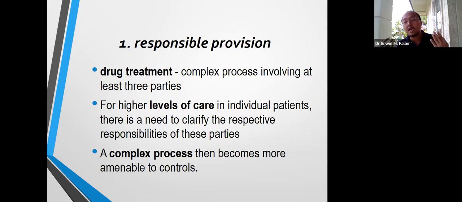There may be complications relating to the drug therapy of our patient, and at higher levels of care for individual patients, there is a need to clarify the respective responsibilities of different healthcare providers. Because of these complex processes, there is a need for accountable control of the provision of care for a certain patient.